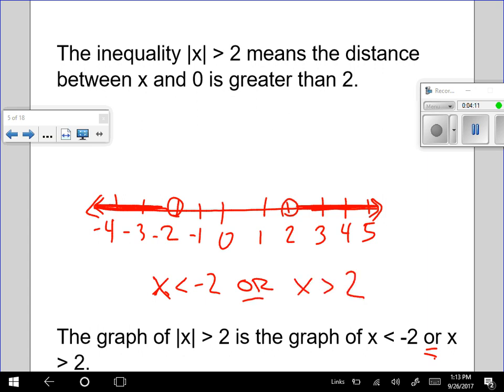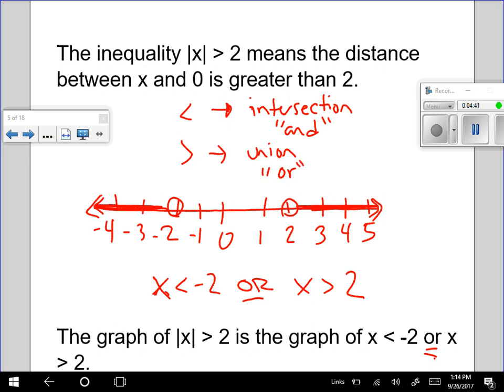So these are important things to understand because this helps us break apart our absolute value inequalities. When we have less than, we're going to see an intersection, or another way to put that, an and inequality. When we have greater than, we're going to see a union, or another way to put that, an or inequality.